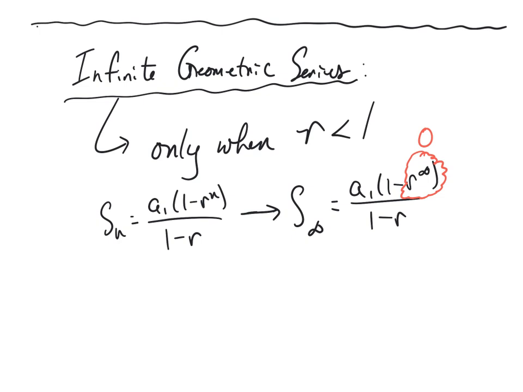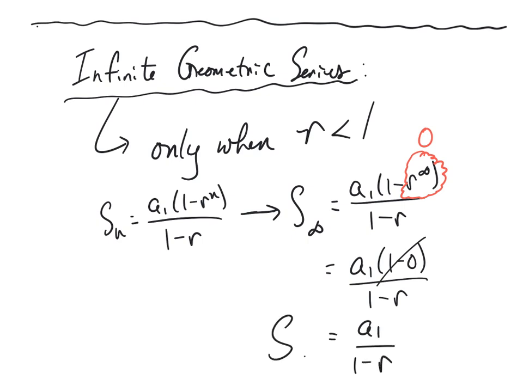So what happens then is our formula becomes a1 times 1 minus 0 divided by 1 minus r. But what is 1 minus 0? 1. And when we multiply a sub 1 times 1, we get a sub 1.